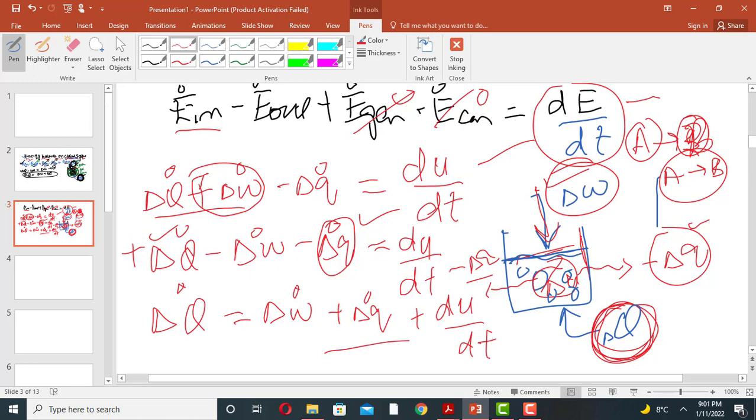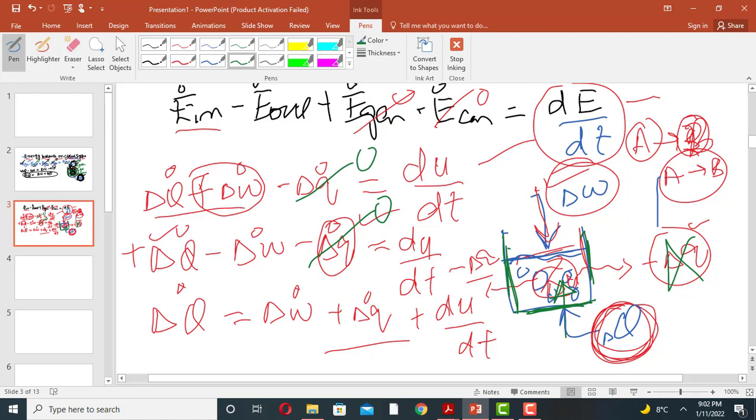For a simple closed system, if the heat is not released to the environment, suppose this Q is 0, it is an adiabatic system, and only heat is transferred through the boundary of the system, this will also be equal to 0.